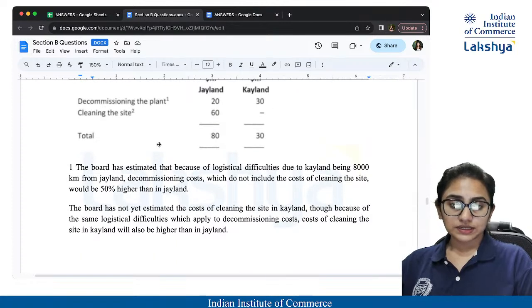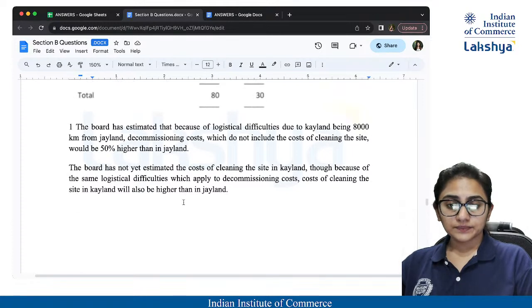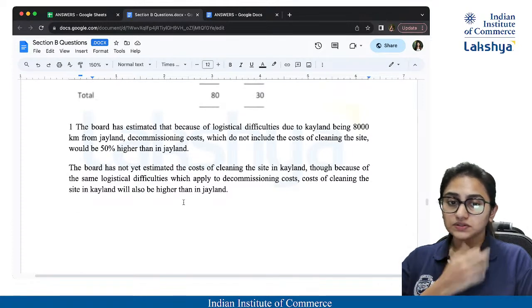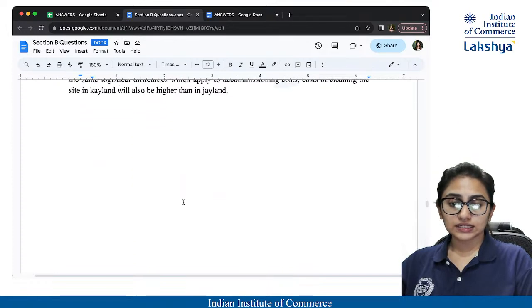The board has estimated that because of logistical difficulties due to K-Land being 8,000 kilometers from J-Land, decommissioning costs, which do not include the cost of cleaning the site, would be 50% higher than in J-Land. The board has not yet estimated the cost of cleaning the site in K-Land, though because of the same logistical difficulties, the cost of cleaning the site in K-Land will also be higher than in J-Land.